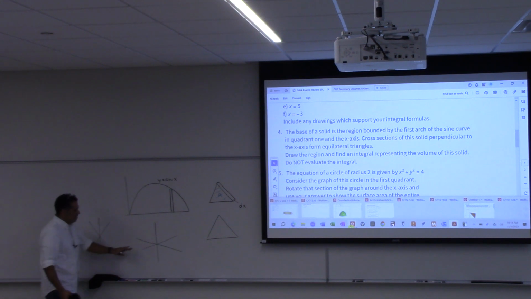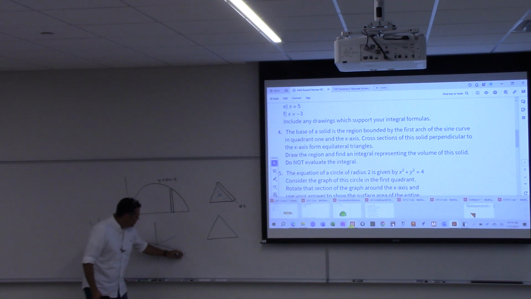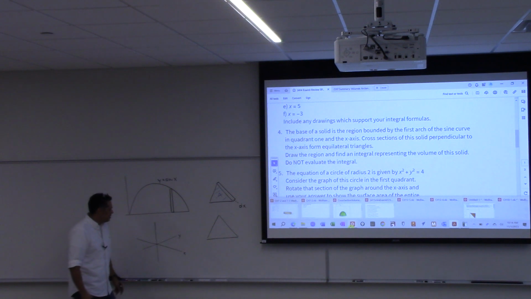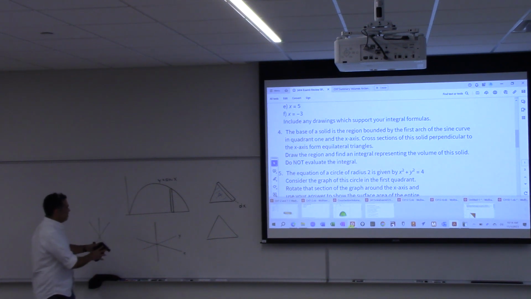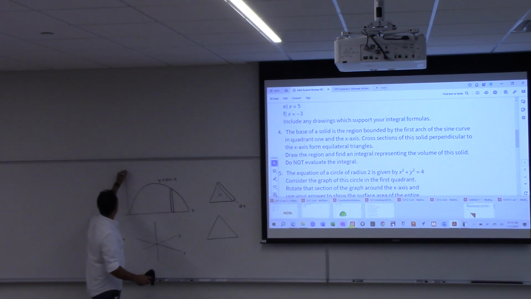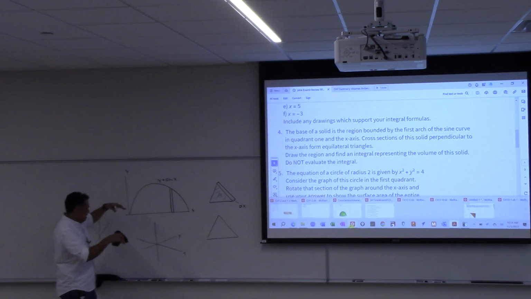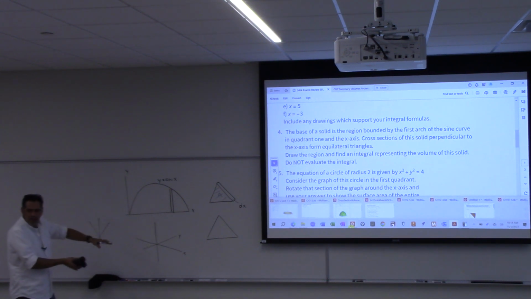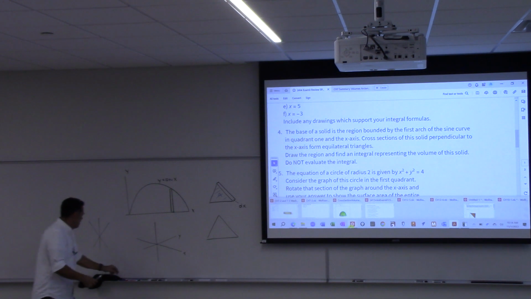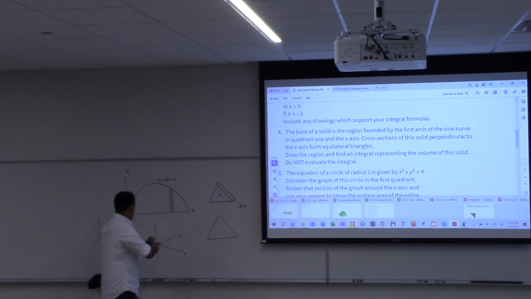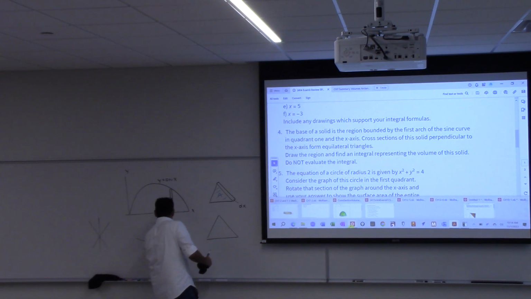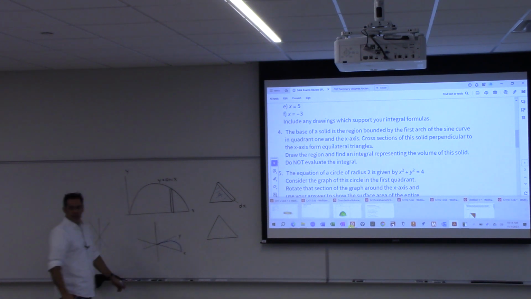Squash that X down, then it looks like this. This is your X-axis, this is your Y-axis. And so what we're looking at is this, right? X and Y, like it's laid down on the ground. And so the first arc of sine actually looks like this for us. Do y'all see that that's laying down on the ground? It takes time to get used to drawing like this.